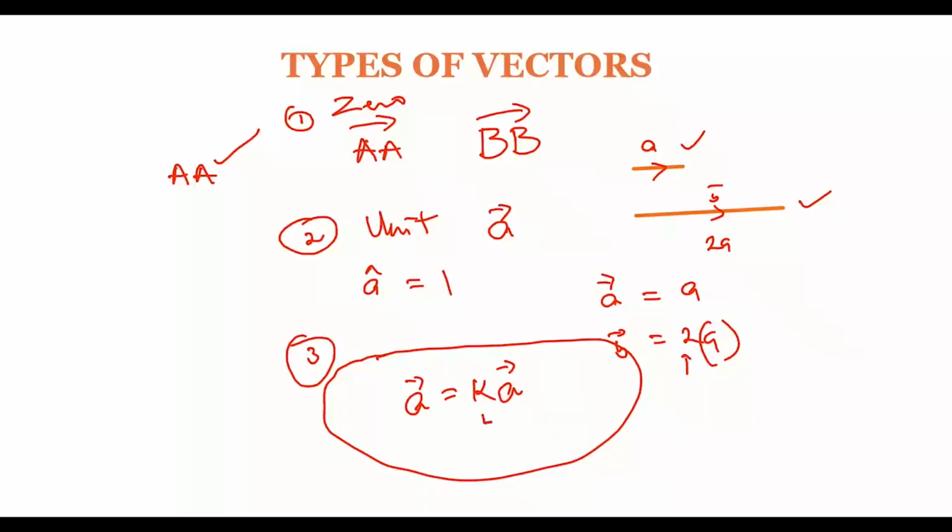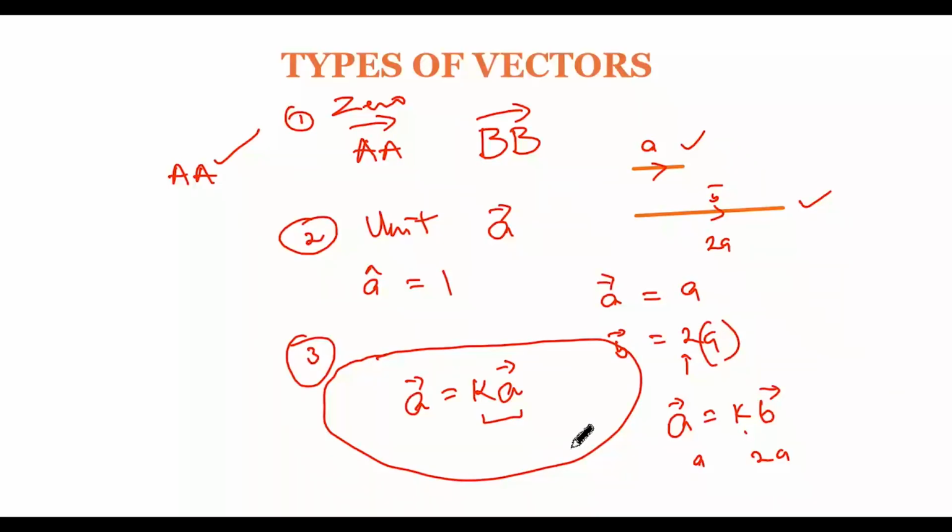So vector A equals k times B. This tells us that we have two parallel vectors, where k is a scalar. For this example, you have vector A and the other one is 2A. So k is 2 here, and for that reason they are parallel vectors.